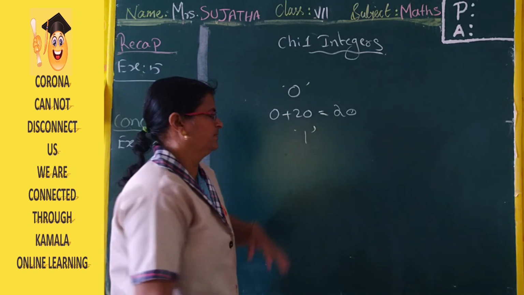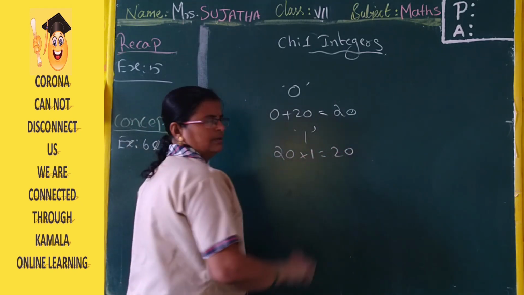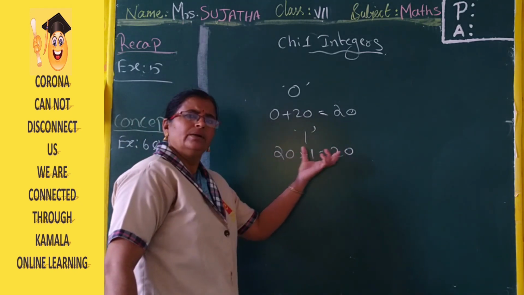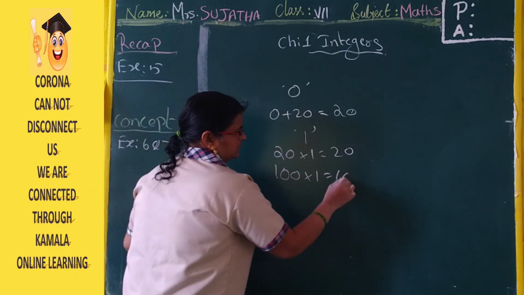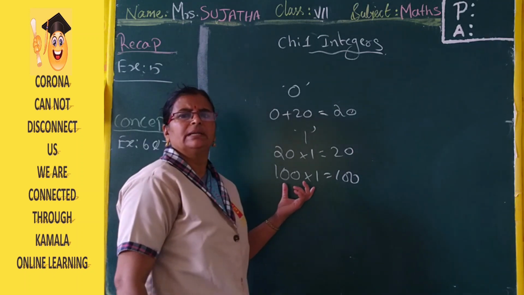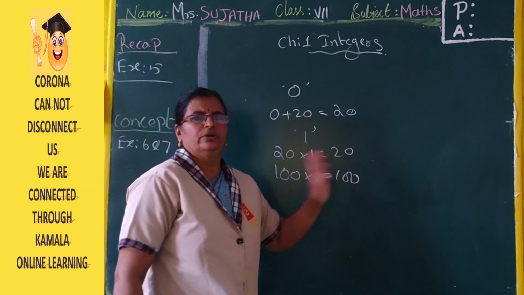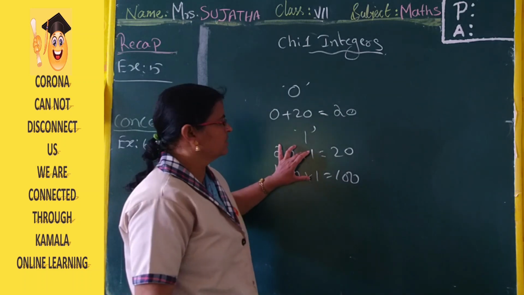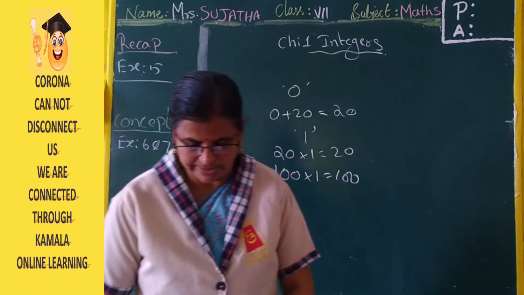The number itself. That is 20 into 1, 20. 100 into 1, 100. By what number are you multiplying? By 1. Then the number itself you are getting. That's why 1 is called multiplicative identity, and 0 is called additive identity.